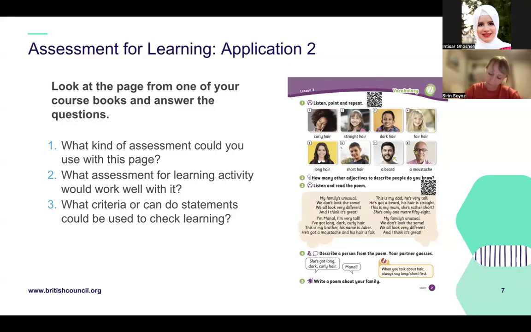I can use two adjectives. At the end of the class, as a kind of self-assessment, they will put a tick on yes or no according to the can-do statements. So these are the two things that we shared in our group, which are informal assessment and self-assessment.